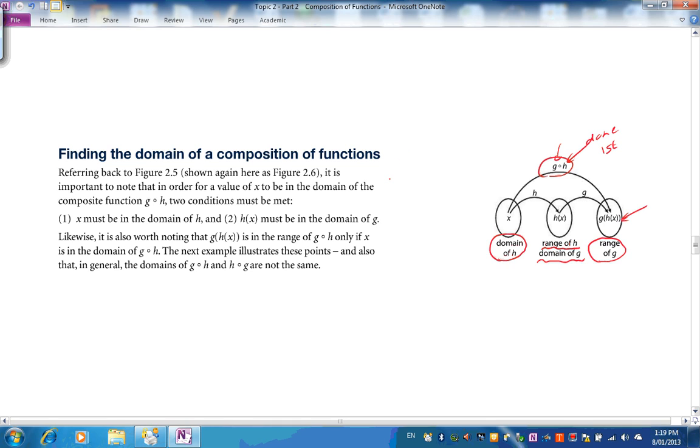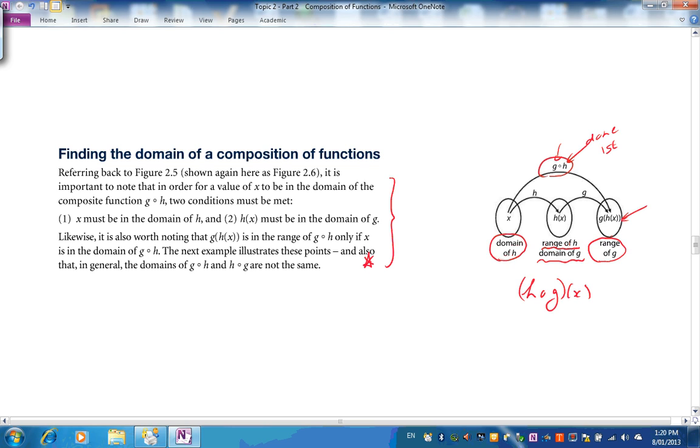So here they've gone into a little bit of an explanation. X must be in the domain of H, and H of X must be in the domain of G. And if you were going back the other way, this is an important point, it is not usually the case that if you do H operated on G, the domain would be the same.